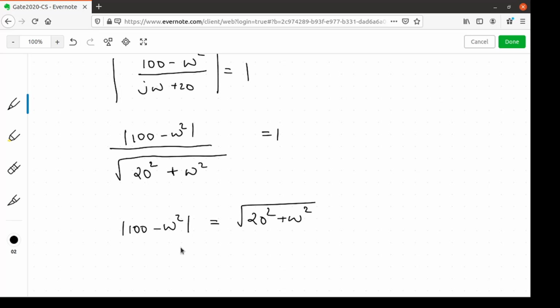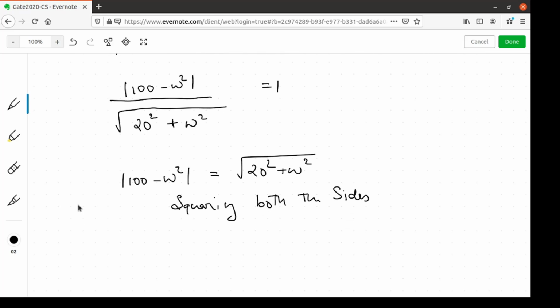Now we'll square both the sides. Squaring both the sides, we'll get (100 minus omega squared) squared equals 400 plus omega squared.